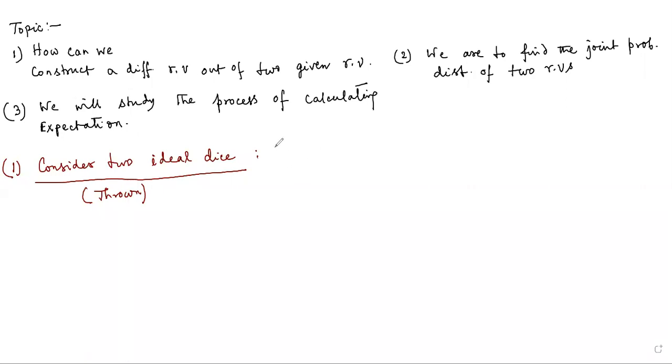Before that, I'm going to define my random variable in the following manner. Under this section, I'm going to consider two random variables. One is x1 and another is x2. What are the meanings of these random variables?